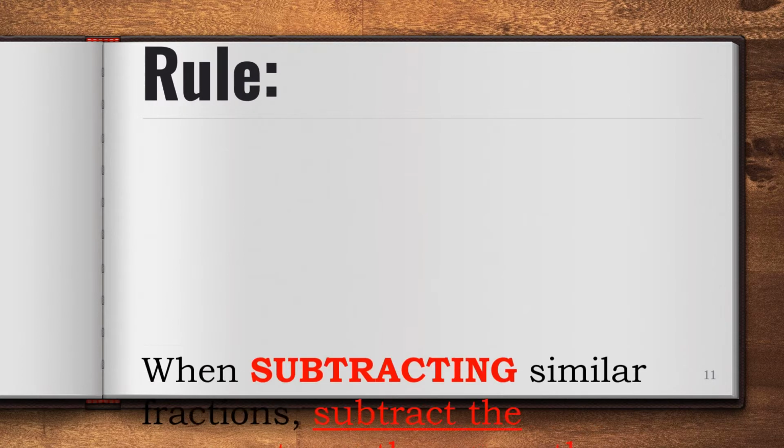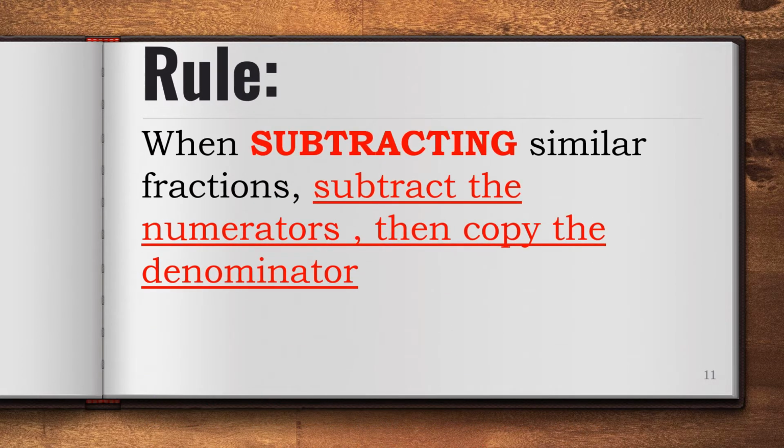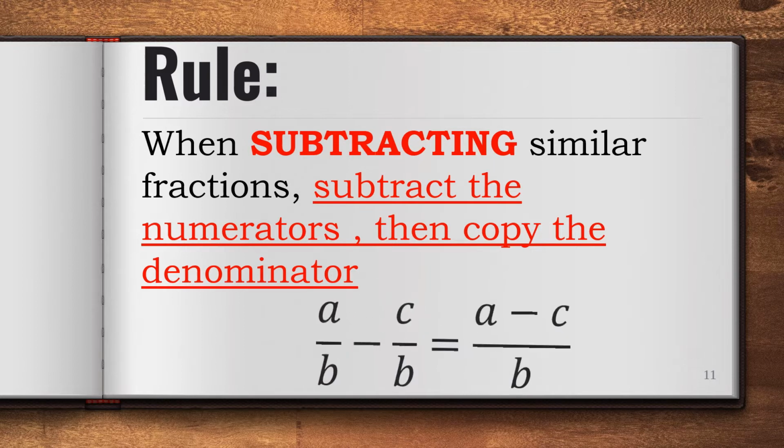Another rule, for subtraction: subtract the numerators then copy the denominator. This is the same with addition; the operation is the only one that changed. In symbols, that is a over b minus c over b, the difference of which is a minus c all over b.